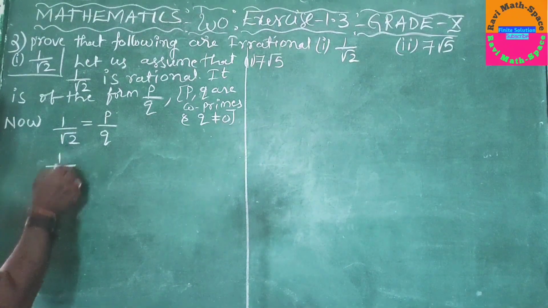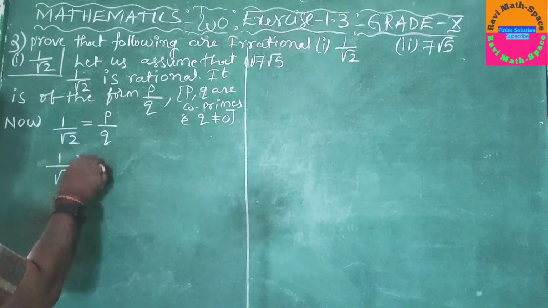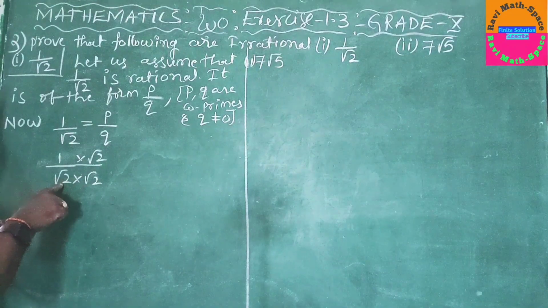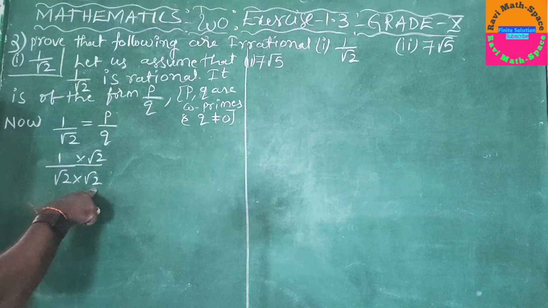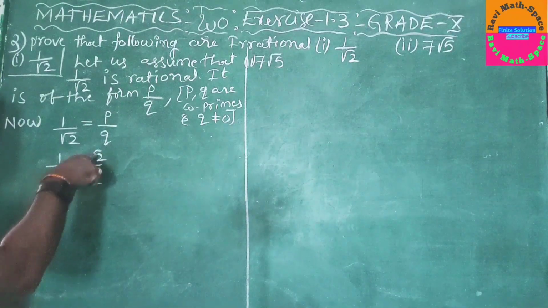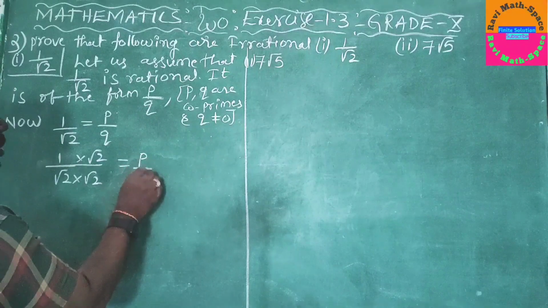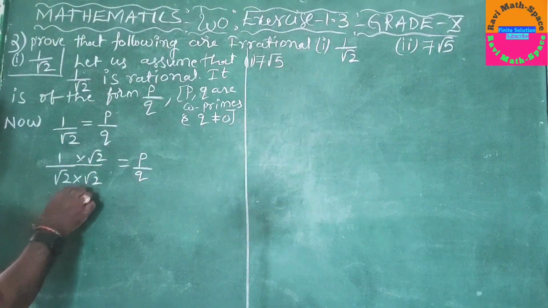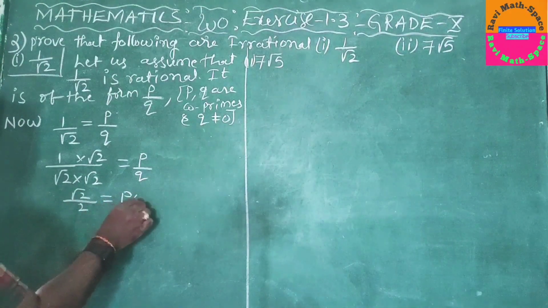Meaning, 1 by root 2 into root 2. We multiply the numerator and denominator by the conjugate of the denominator, which is root 2 into root 2. So what do we get now? Root 2 by 2 is equal to p by q.